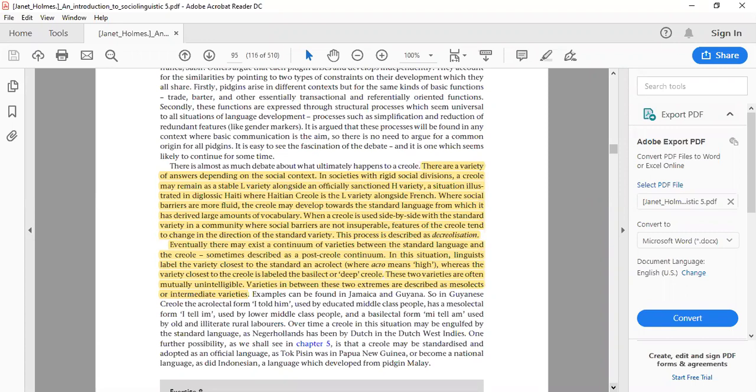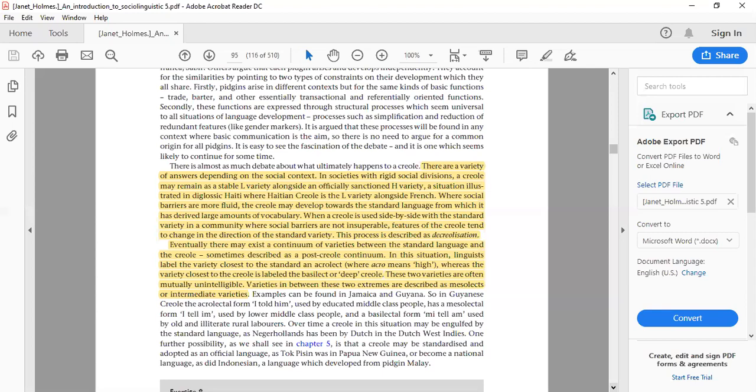It is considered a low variety, and the other people are already using the high variety, or the language which is already a standard language, right? When a Creole is used side by side with the standard variety in a community where social barriers are not insuperable, features of the Creole tend to change in the direction of the standard variety. And this process is called decreolization.